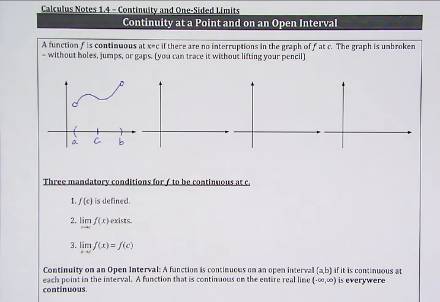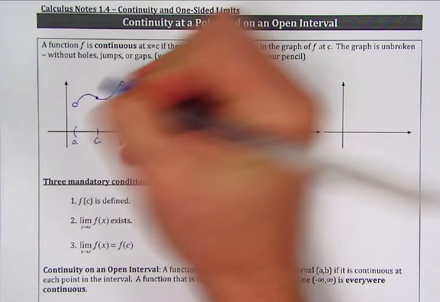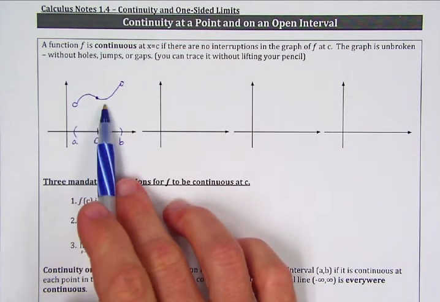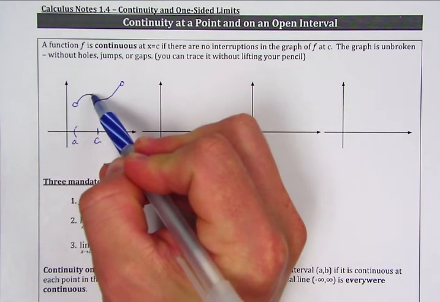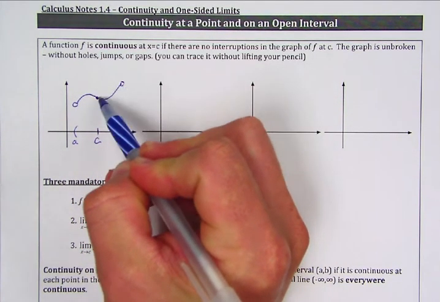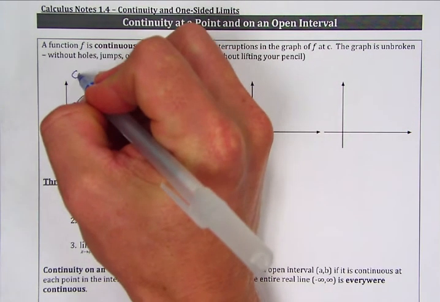So here at x equals c, this is continuous if there are no interruptions in the graph. You can see here that I can trace my pencil without lifting it, and therefore this would be continuous.